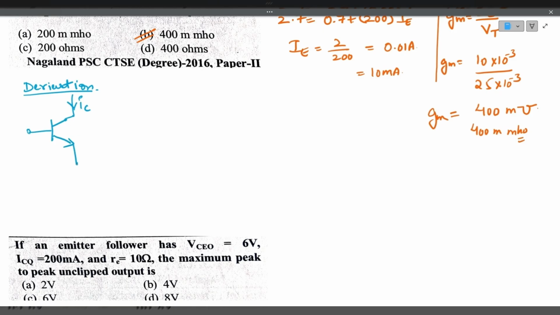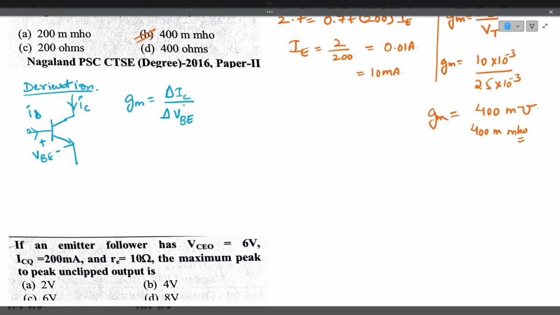This is the base current IB, and this is the base-emitter junction voltage VBE. Transconductance means the change in collector current IC divided by the change in input base-emitter junction voltage. This is the basic formula that we have.